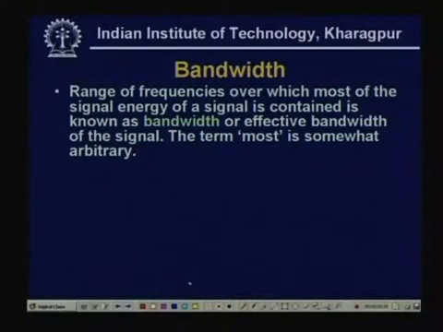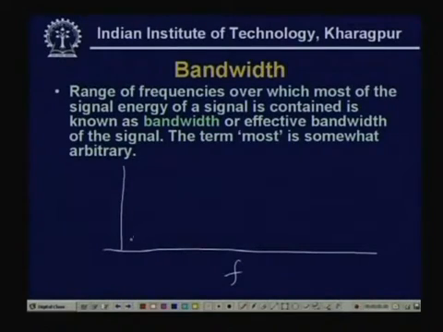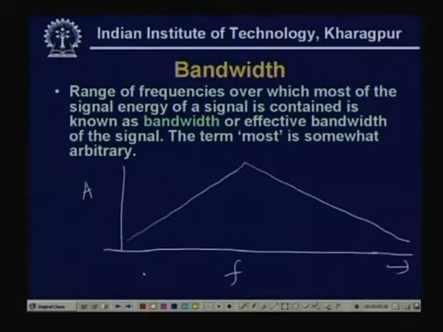So here is the information about bandwidth. Suppose you are interested in representing the bandwidth. This is the frequency domain representation, and this side is essentially signal strength or amplitude.